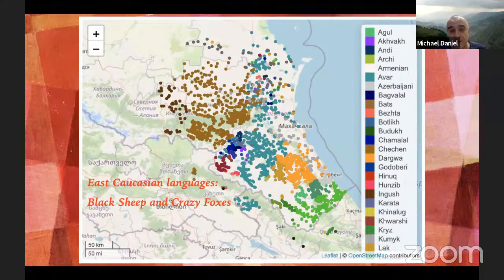While Tsezic languages, which are, I'm at a loss how to describe the color here, something like very dark brown or very dark red maybe, in the very west at the border with Georgia, and especially the orange dots, the Dargwa languages in the very middle of the map, are super rich.